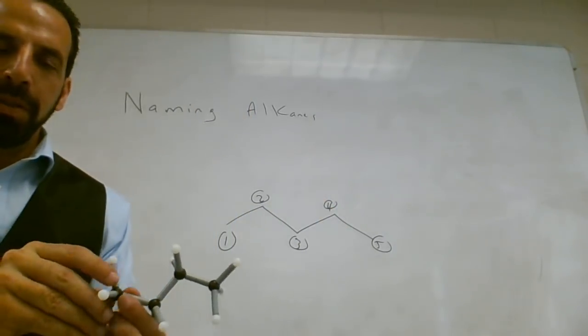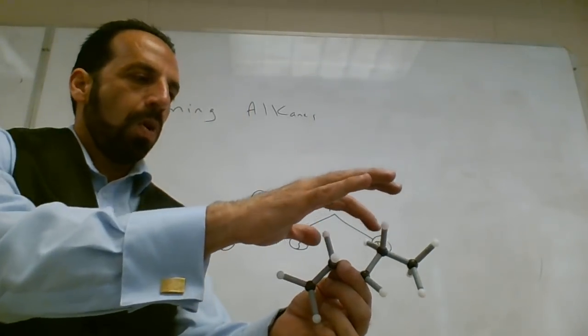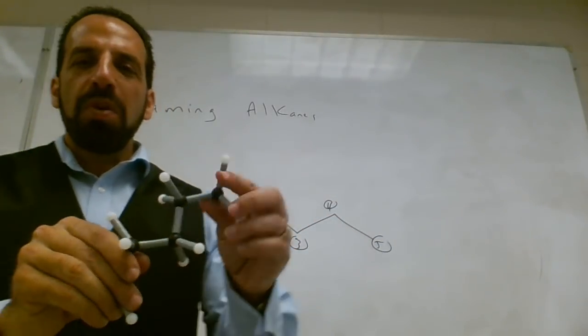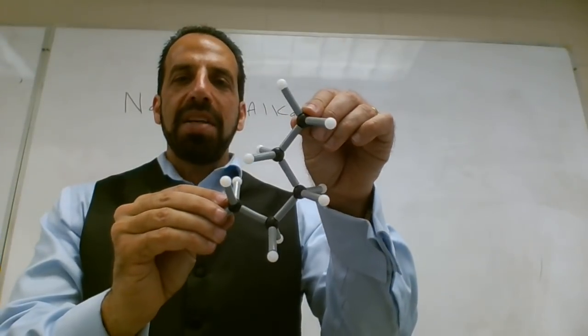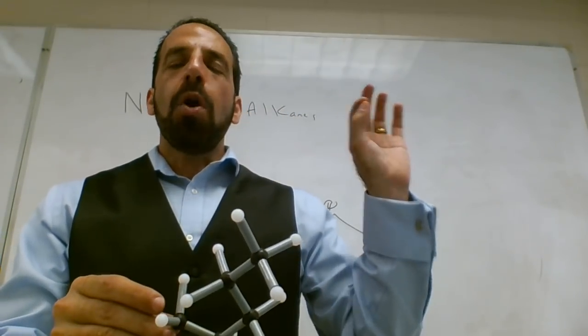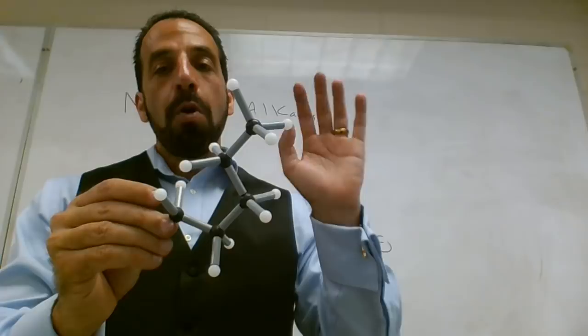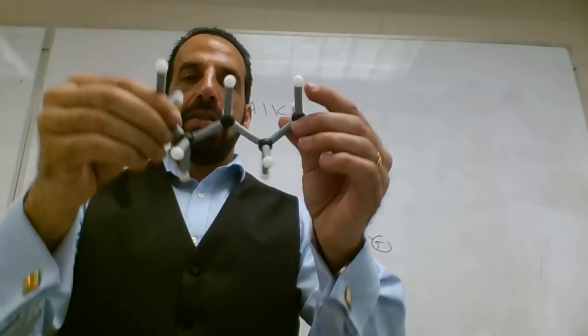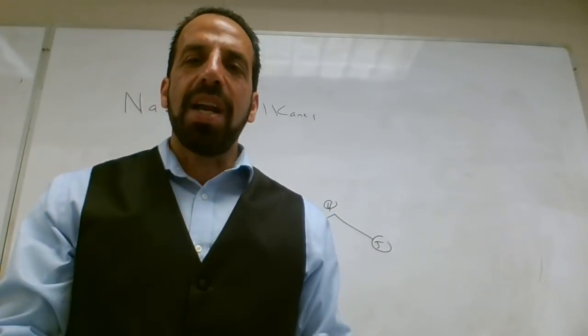This kind of corresponds to this. 1, 2, 3, 4, 5. These things, since they're alkanes, they can twist around a lot. So they can twist around in all kinds of different directions. You always got to find the longest chain. So they can twist this way, that way, like this. Whatever happens in solution, these things are always kind of moving around.